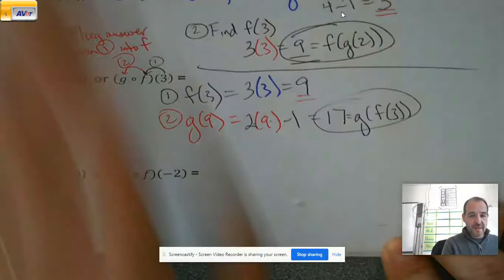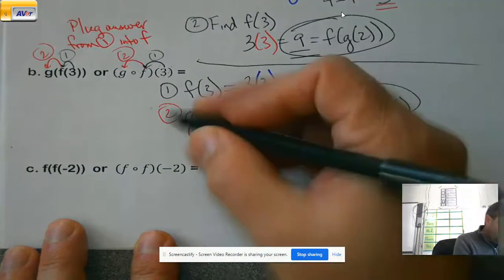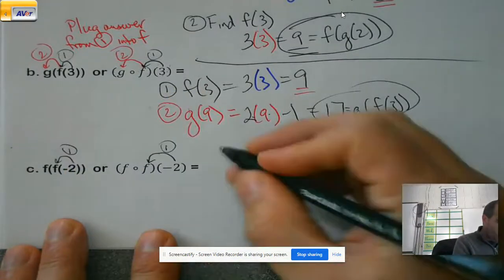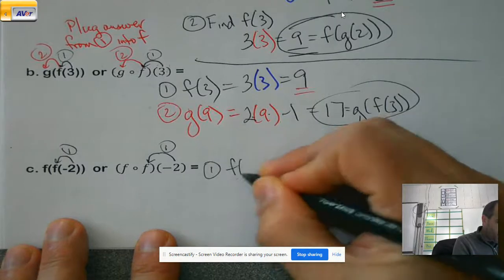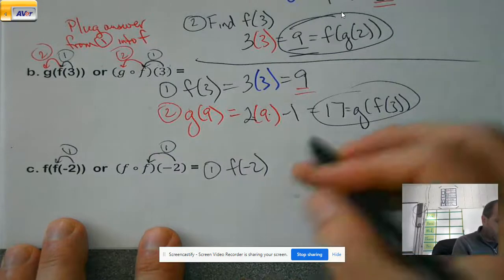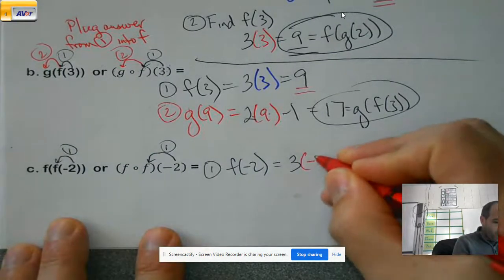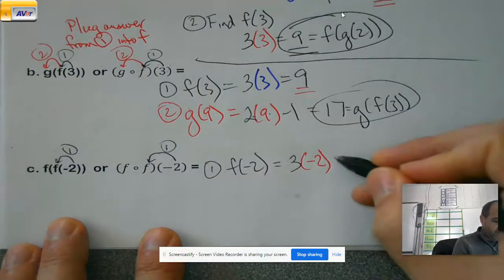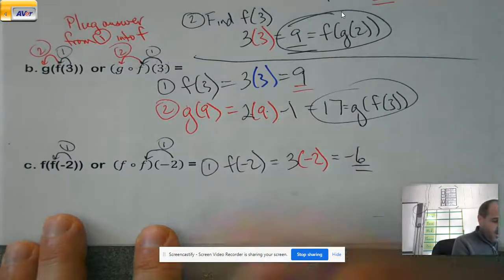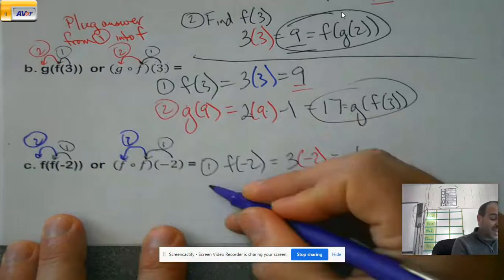Now, this last one can get a little weird though. You're like, wait, I can plug something into itself? Yeah. Same way, not changing a thing. First step, plug -2 into f. Now hopefully, you've got your paper somewhere in front of you here. So f is 3 times x, so 3 times what's in the parentheses, the -2. So there's -6. And then that answer is what we're plugging into the last part, which in this case is f again.